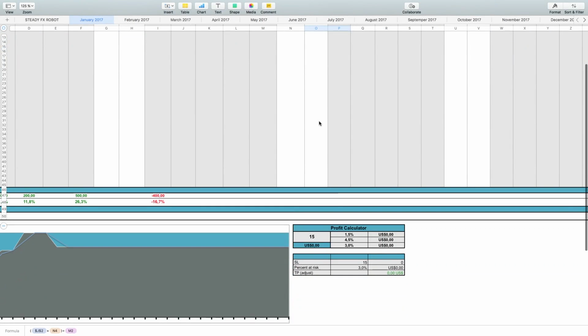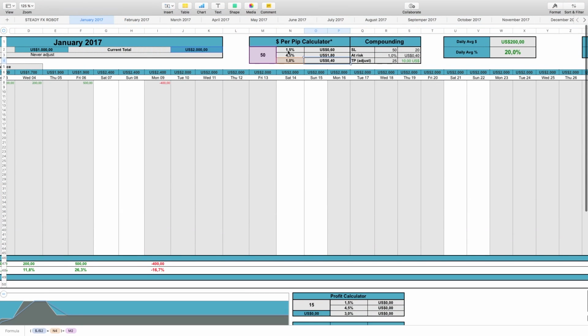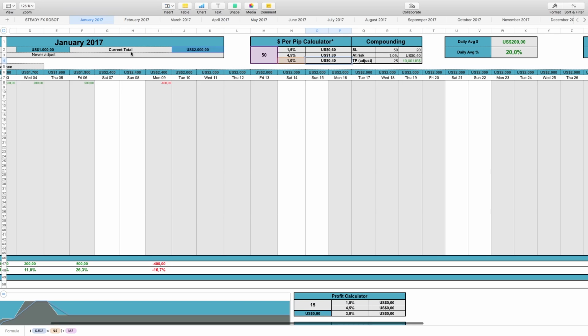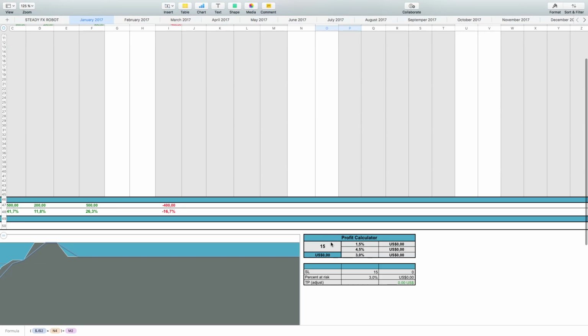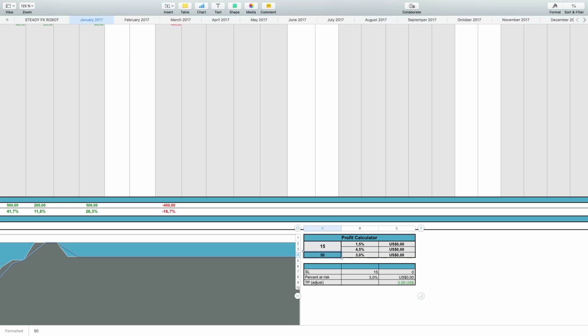And we have something similar down here, which is a profit calculator, which is pretty much the same as this one, but this one is taking your balance into account. Down below here, you can actually just put in whatever number you want. So let's say you have $5,000, you have a 15.